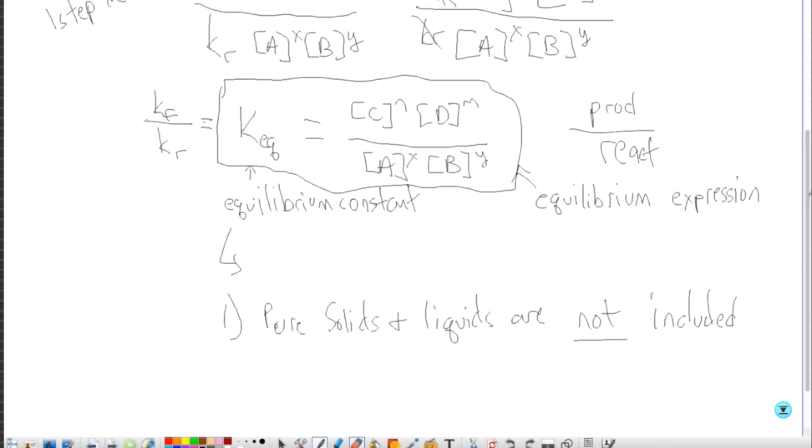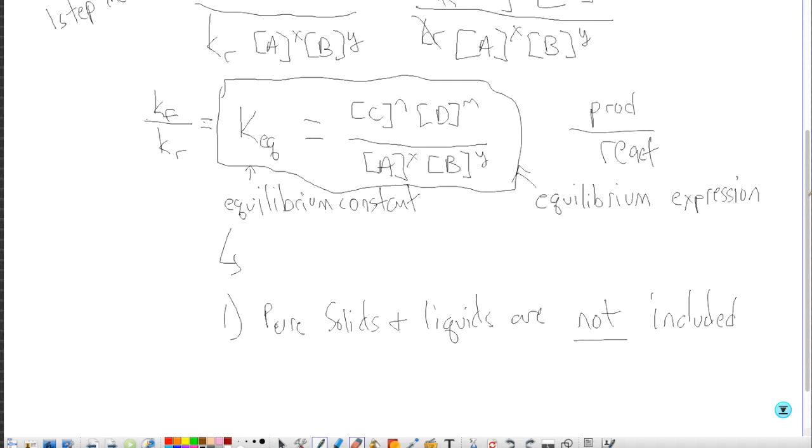If you had, let's say, pure liquid water, you know that liquids aren't very compressible, which means it has a definite volume, and the volume is not going to change. And so the concentration of that is not going to change.